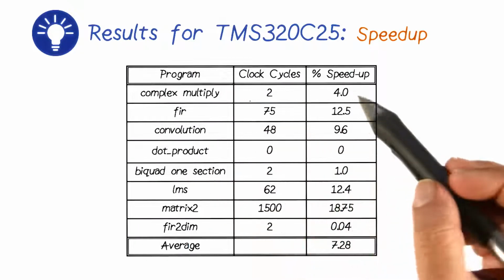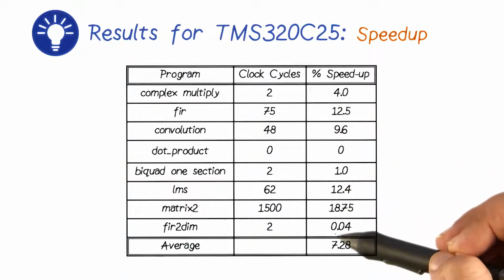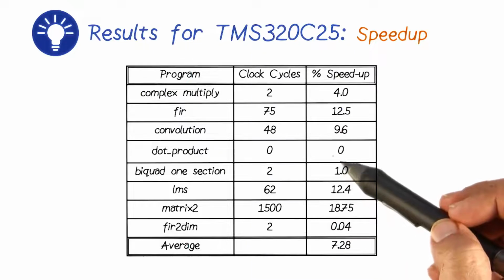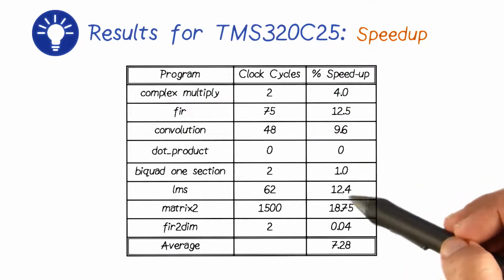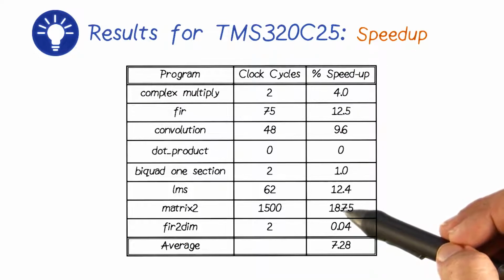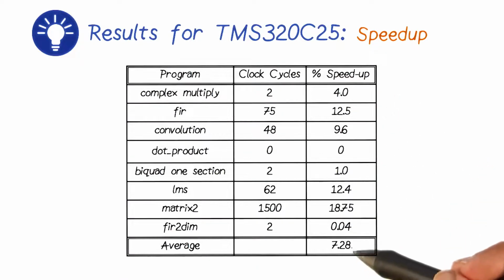Using these as benchmarks, we have seen what are the different amounts of speedups there. The speedups range from almost no speedup in some cases to some other cases which are almost 19% speedup. In general, there is a benefit of this optimization because the average speedup is about 7%.